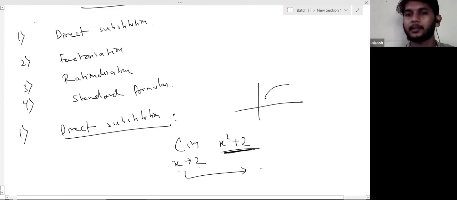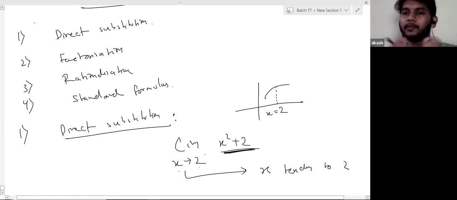This is read as x tending to 2, and tending to 2 is not equal to 2. It means x is very, very close to 2, but not 2.